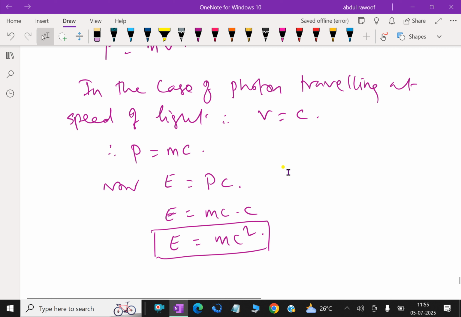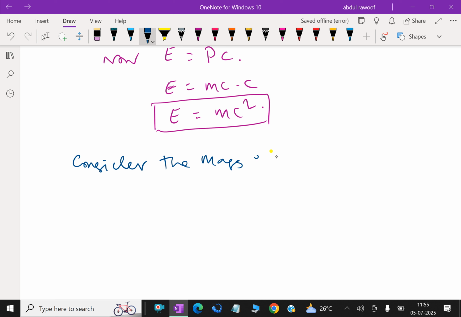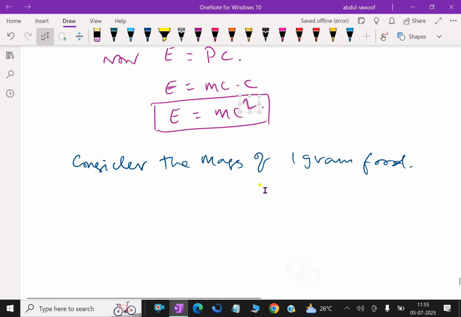It's correct. Now, for example, consider this interesting thing. Consider a mass of 1 gram of food.